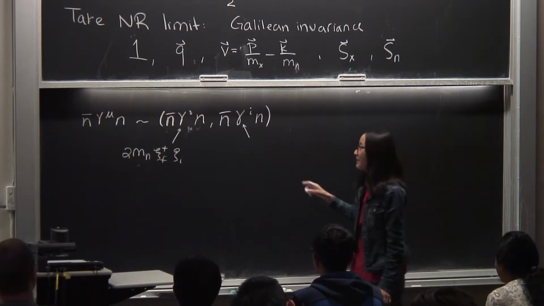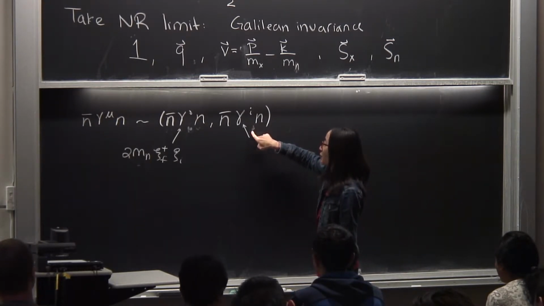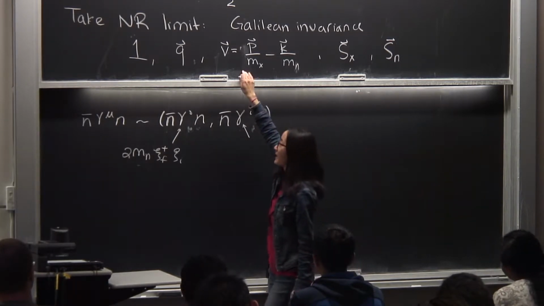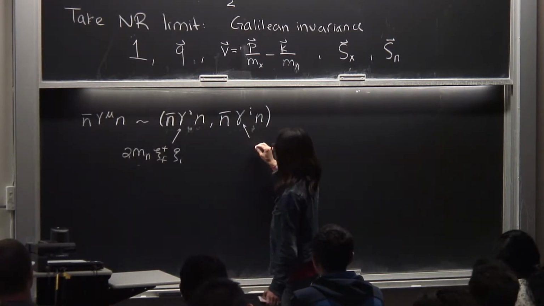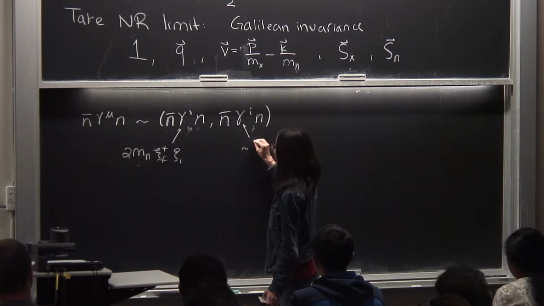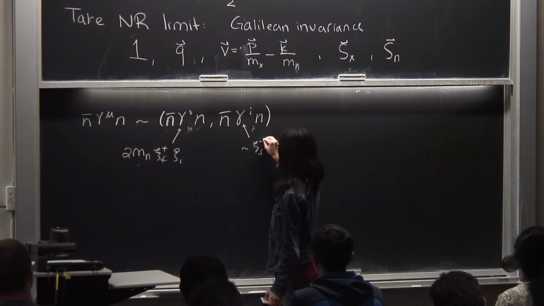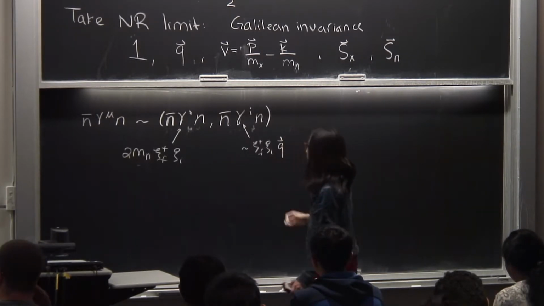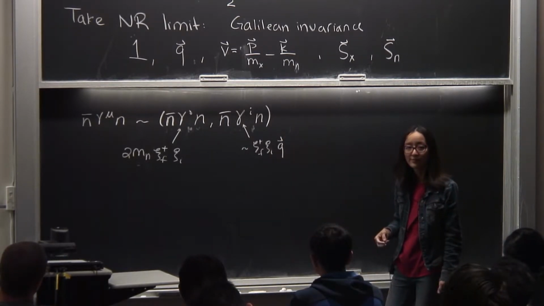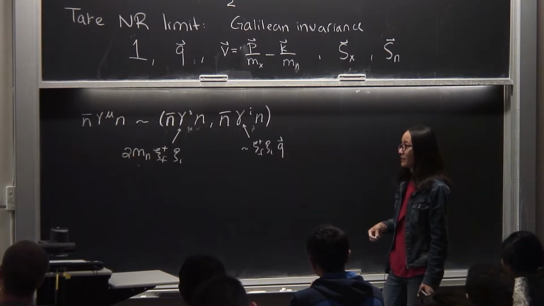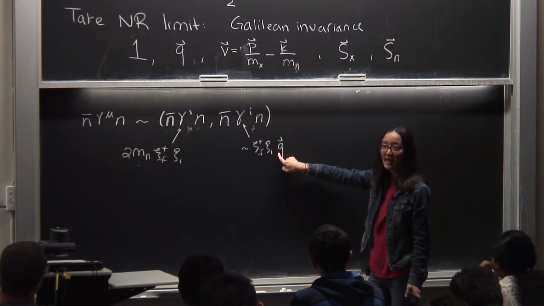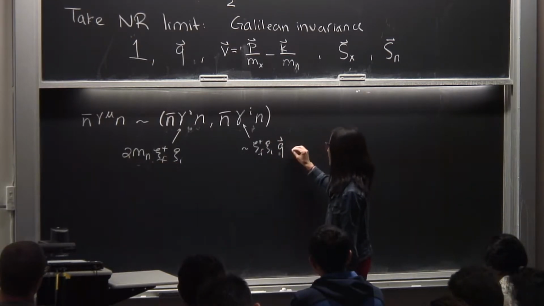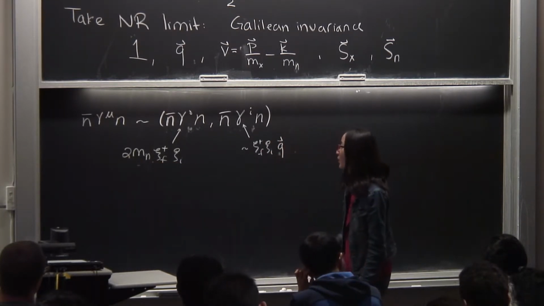This part is a vector, and it depends only on the momenta of the nucleon. So I'm going to say it can't depend on V, it has to depend on Q. So this will look something like the same spinor stuff, but with a Q. Because the momentum transfer is always going to be less than the mass, this will be suppressed, and we can more or less ignore this.